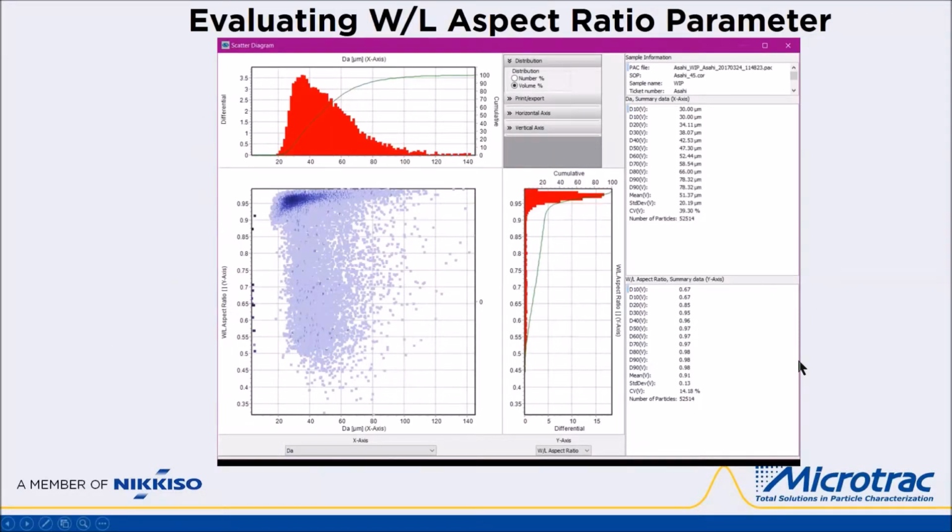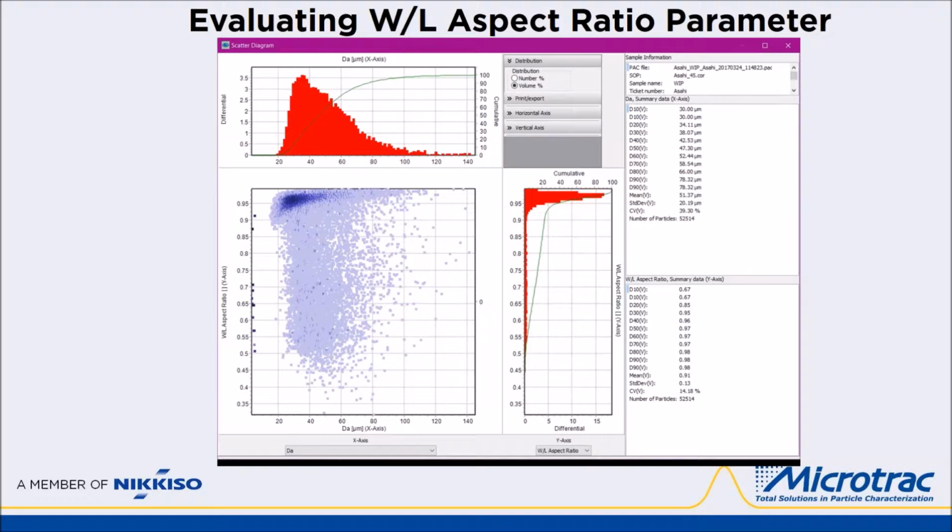Here we'll use the scatter diagram display in the image analysis software portion of the Sync to do a quick evaluation of the values of the parameters of interest to us. The scatter diagram, the blue graph, indicates where every particle in the sample is located with respect to the parameter distributions shown in the red X and Y axis graphs.